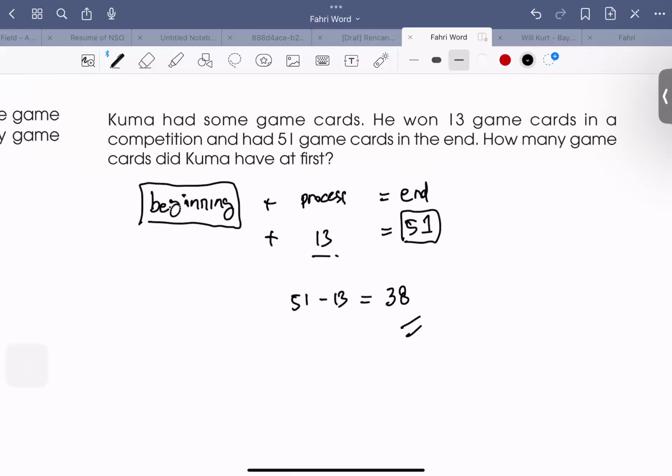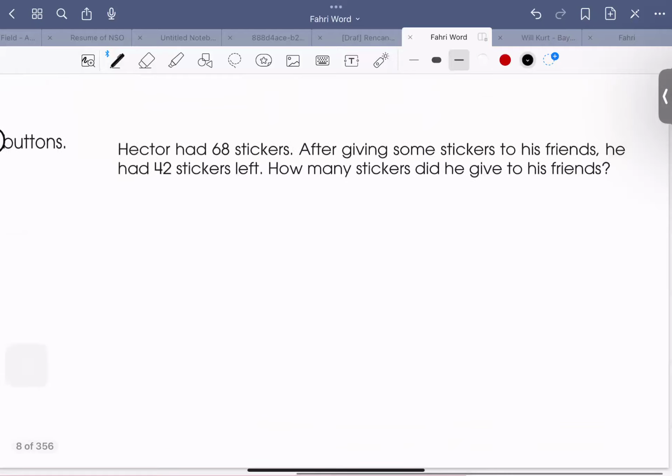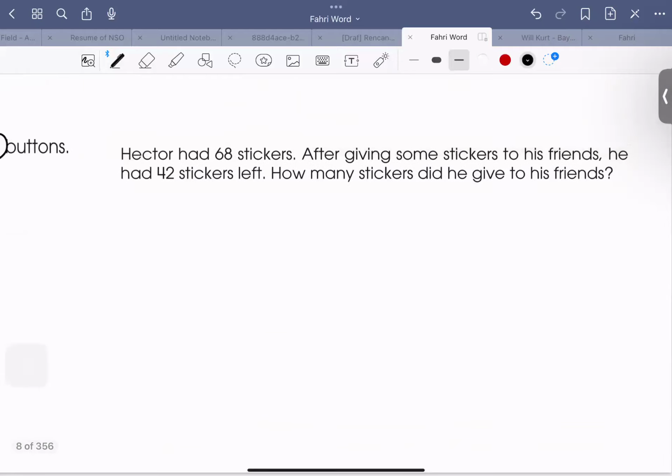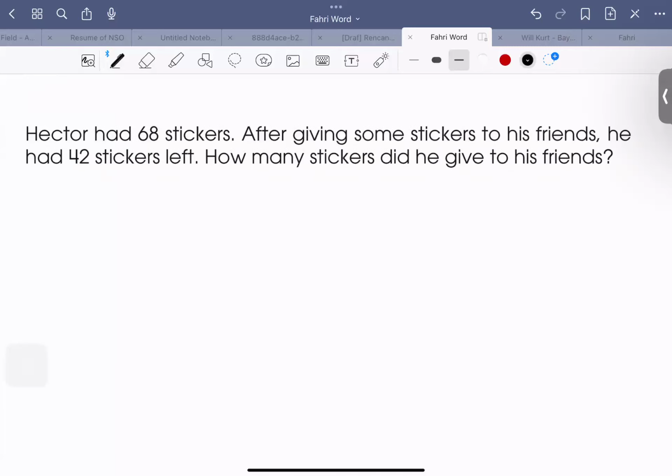Right? So now we can go to the last question for today's session. Hector had 68 stickers. After giving some stickers to his friends, he had 42 stickers left.